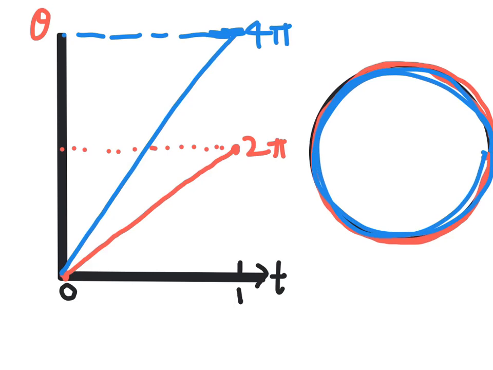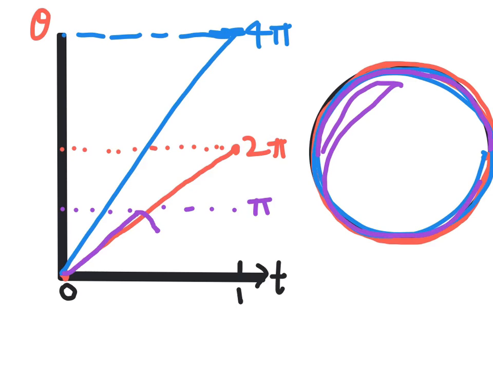If we'd had one of these silly loops that doesn't know where it's going, it would have gone round part way, so maybe at some point it would have reached an angle pi, but then it would have gone back on itself. So it would have followed this line here and then started going back on itself and then turned round and kept going, and it would have still traced out an angle 2 pi at time 1.